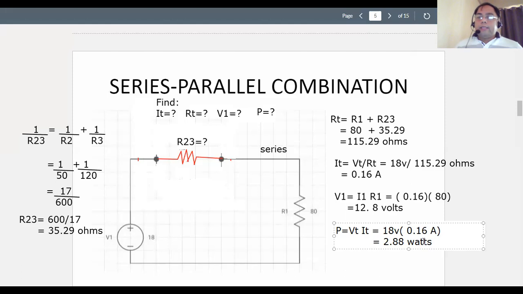So the significance of knowing the power rating of the circuit is that if we convert this to kilowatt and multiply it by the number of hours, we are able to find how much energy is being consumed by the circuit for every hour of use. It will eventually give you a number of kilowatt hours for every hour of use of this circuit.